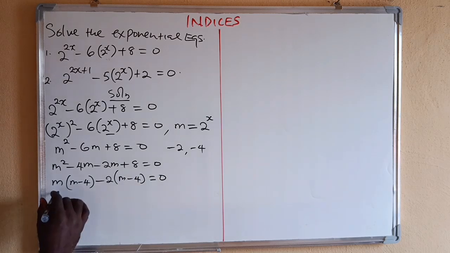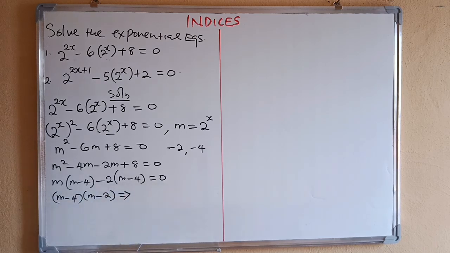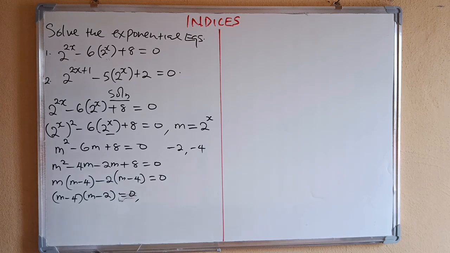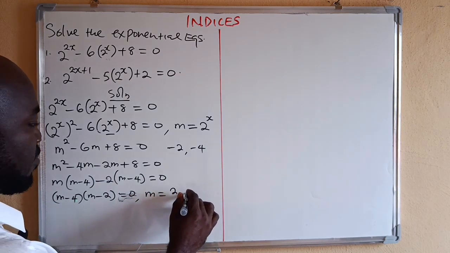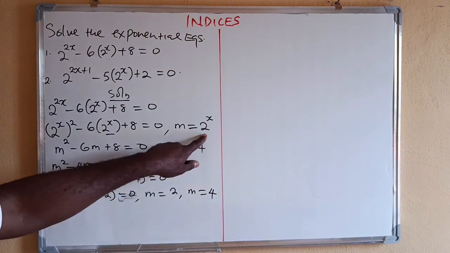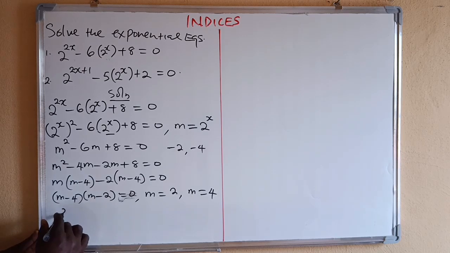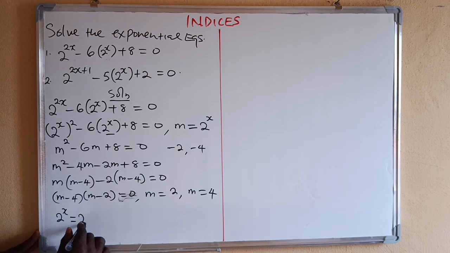So I have two factors now, m minus 4 and m minus 2. This implies both are equal to 0. When you solve them, m will be equal to 2 or m will be equal to 4. But look at our m. Our m is 2 to the power of x. So 2 to the power of x is the value of m, which is 2 here, and that 2 is 2 to the power of 1.